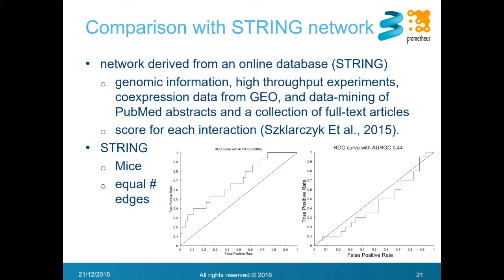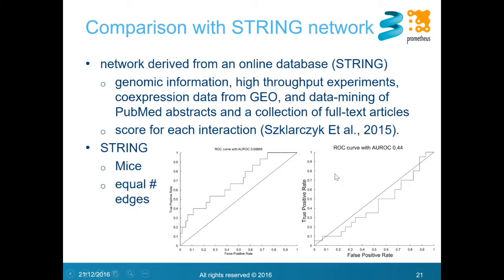The way you can see how good your network is, is by using, for instance, a receiver operator curve, where we compare on the left-hand side our golden standard model that we inferred from the literature with the inferred network based on the microarray data.